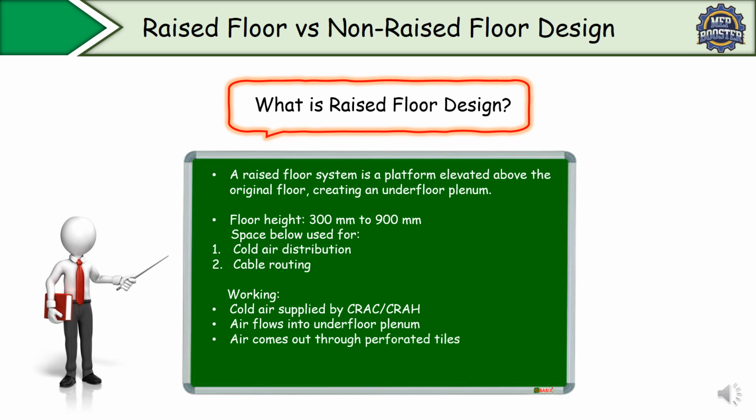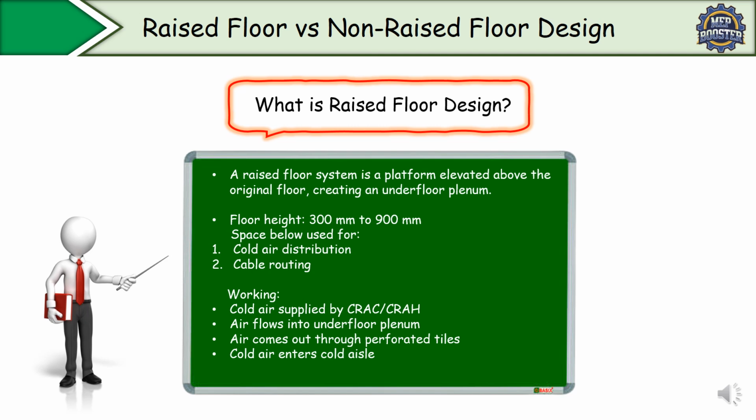Okay, then air comes out through perforated tiles. So here special perforated floor tiles are installed. So the cold air rises through these openings. You can control airflow by changing tile types. Okay, now the cold air enters the cold aisle. So the server racks are arranged in cold aisle and hot aisle.